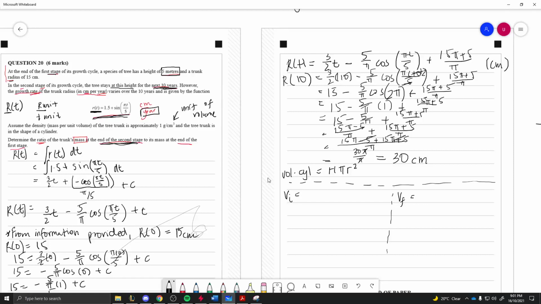Now, this won't work out if we just do it like this, because height here is in meters and trunk radius is in centimeters. You can't do calculations that contain different units, so you want to convert this to centimeters, but this is quite easy because 1 meter is equal to 100 centimeters. So you can convert this.